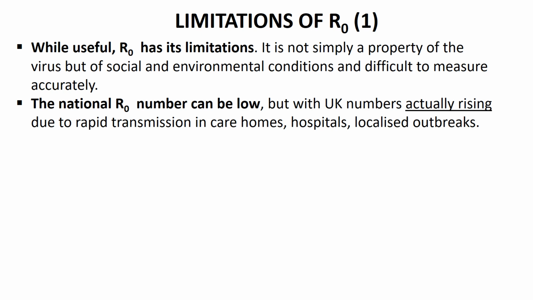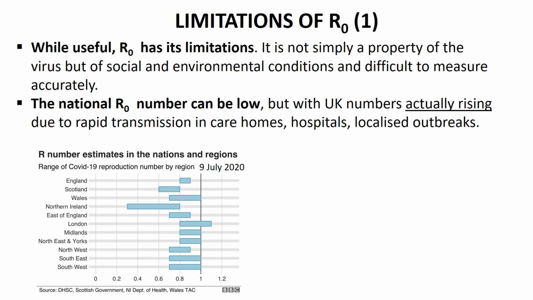So the average doesn't tell you about what's happening in these particular institutions like hospitals and care homes. And if I look at the estimates by regions, we can see the variations over different regions. So the lowest estimate goes down to 0.3 for Northern Ireland and up to as high as 1.1 for London.